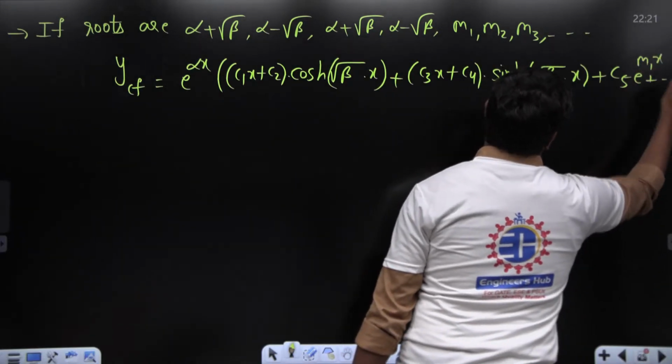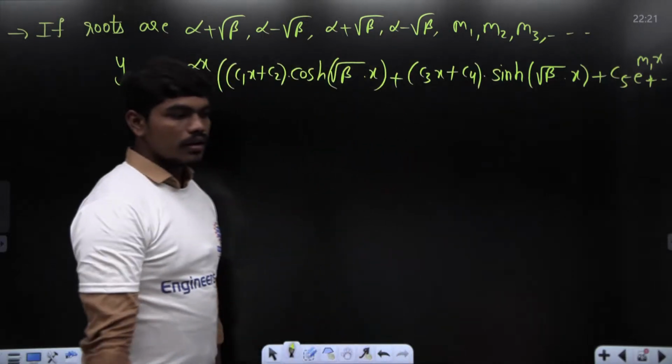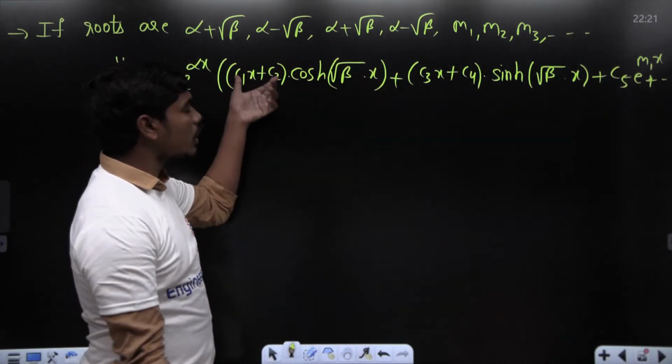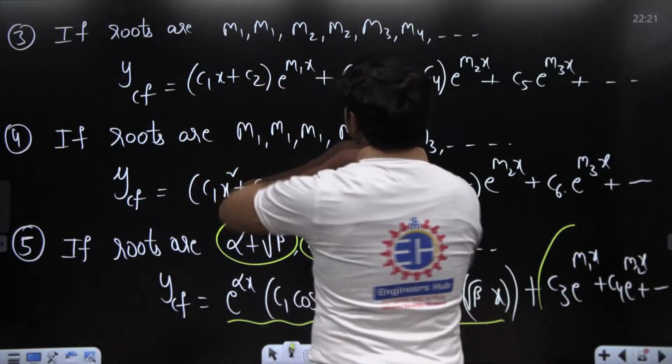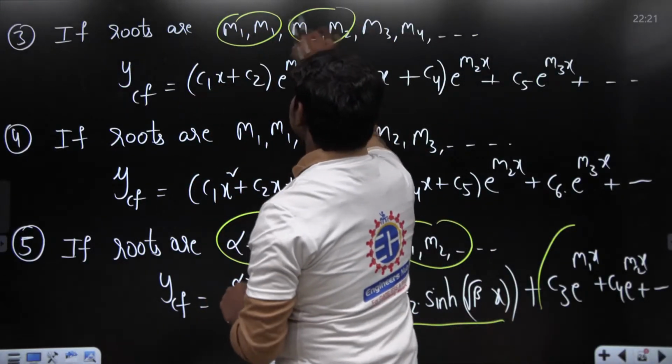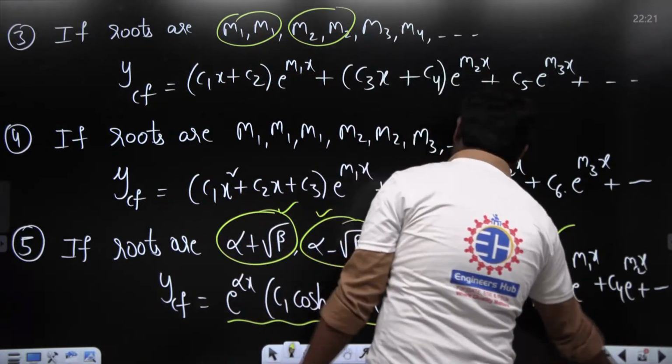Look, because these roots are repeating, for this constant c, in the case of real and rational roots also you have seen, if these roots are getting repeated, then in place of the constant we will be writing c1x plus c2.